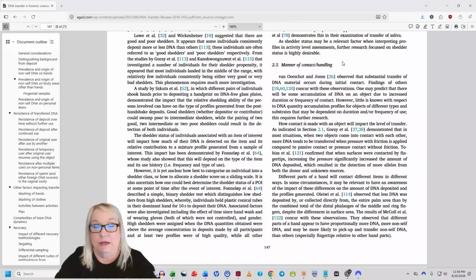And they continue here to say how contact is made with an object will impact the level of transfer. As indicated in section 2.1, Gray et al. demonstrated that in most situations, when two objects come in contact with each other, more DNA tends to be transferred when pressure with friction is applied compared to passive contact or pressure contact without friction.